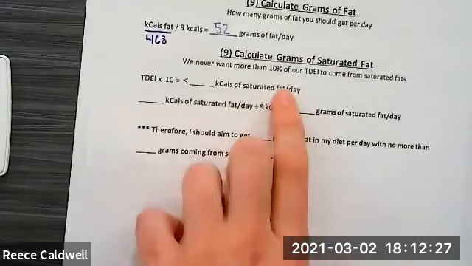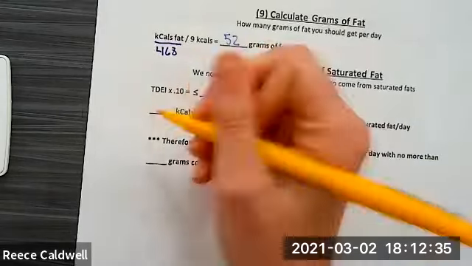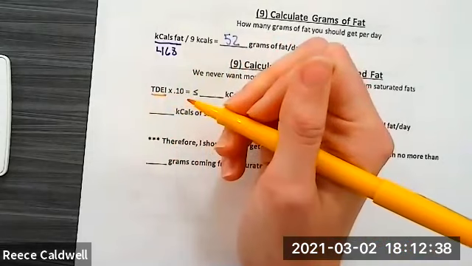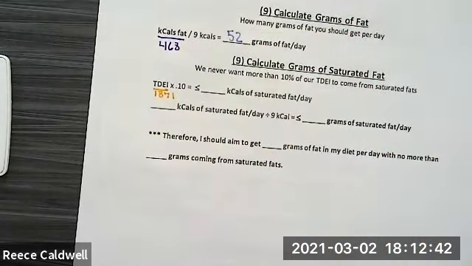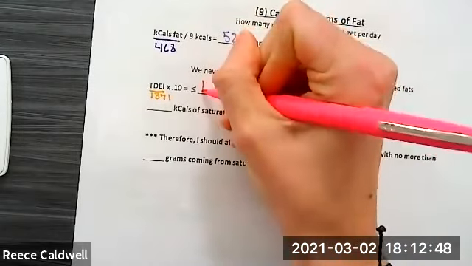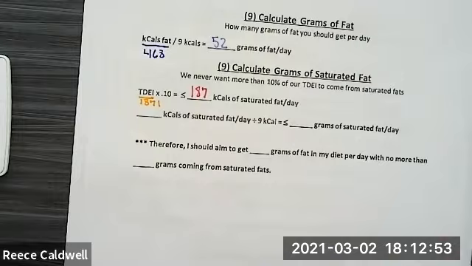So we're going to take our TDEI, which we calculated as 1,871, and multiply it by 0.1 or 10%, and that will give us 187 kcals of saturated fat per day.